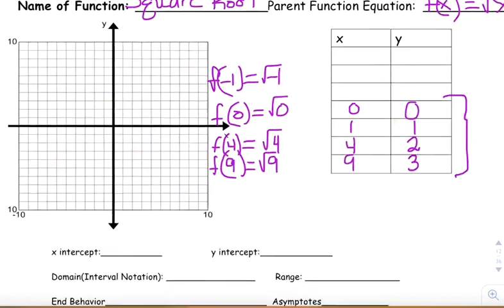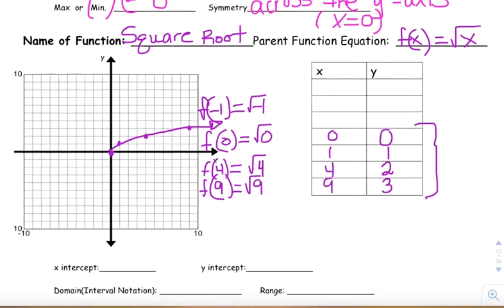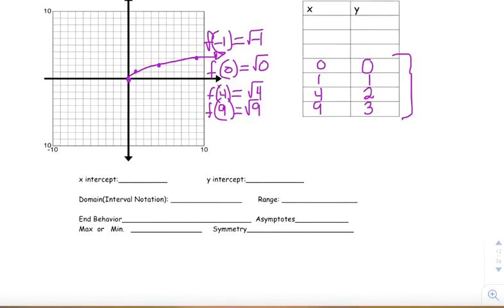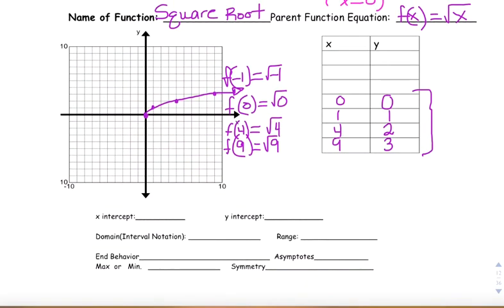Let's graph and see what this looks like. 0, 0, 1, 1. Then we're at 4, 2, and then we're at 9, 3. Make sure you make a nice curve here. And that is what our square root parent function looks like. Okay, we do have an x-intercept.